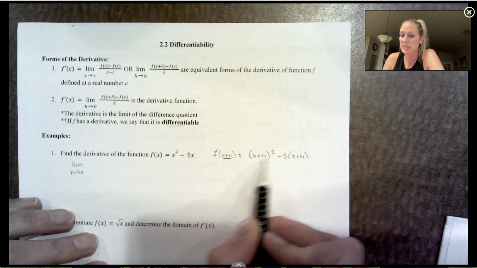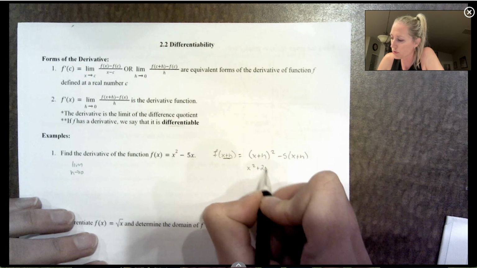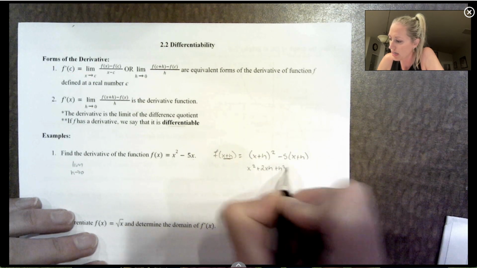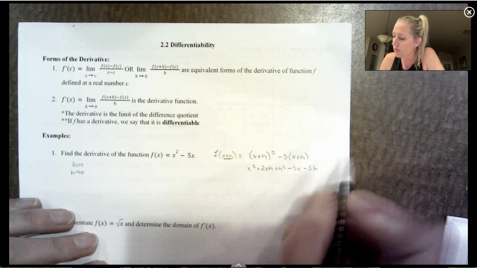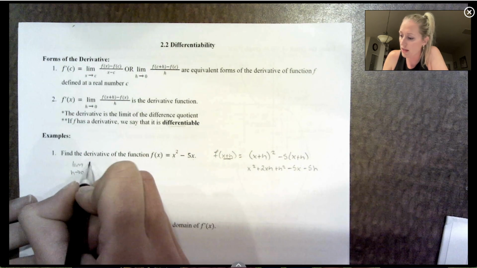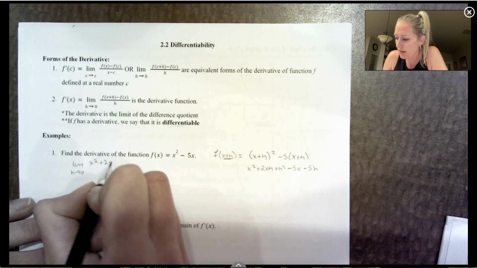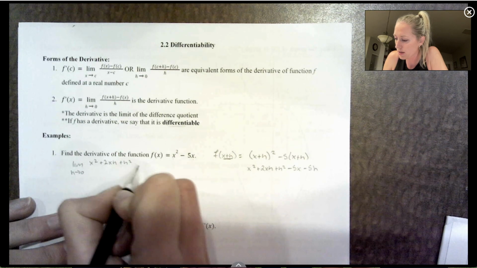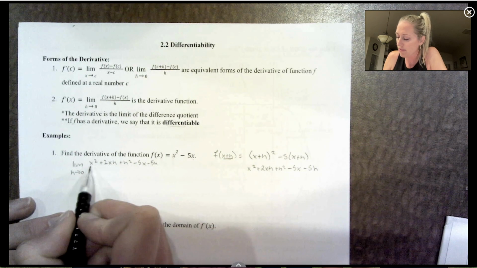Now remember, this expands into x squared plus 2xh plus h squared, and then distributing that negative 5. So we've got x squared plus 2xh plus h squared minus 5x minus 5h. That's f of x plus h.